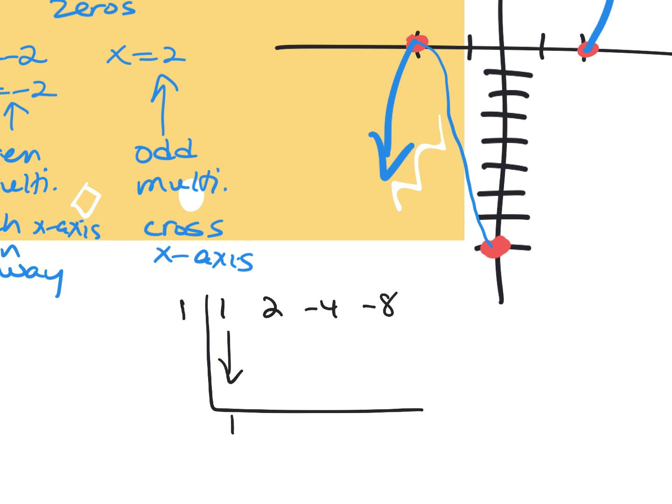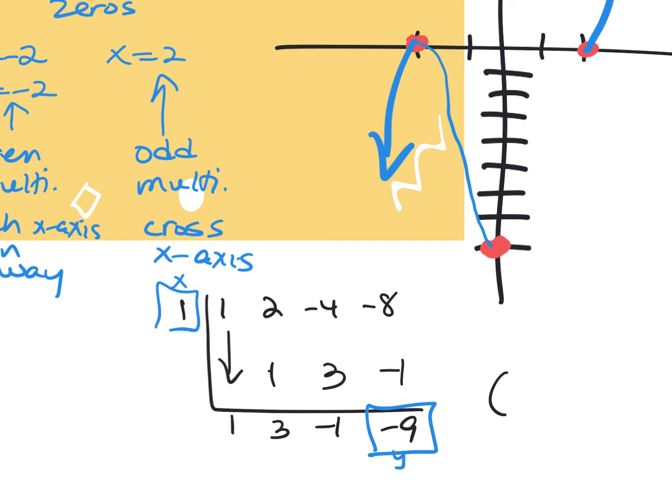Bring down, multiply, add the column, multiply, add the column, and I get -9. So now the remainder is the y of my order pair. This is the x of the order pair. So the order pair I can graph now is the order pair 1, -9.